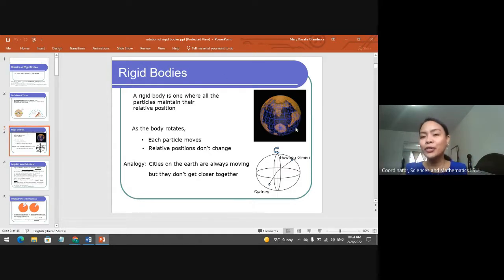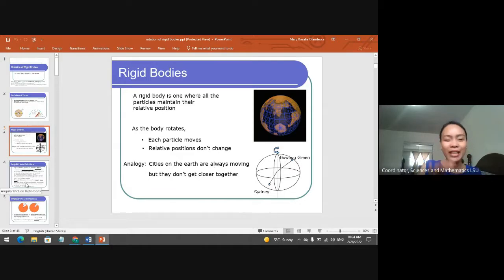The cities on the earth are always moving, but they do not get closer together. Say Sydney in Australia is here, Bowling Green is at the northern part. No matter how many rotations the earth does, those cities are fixed in their position. That is what a rigid body is all about.